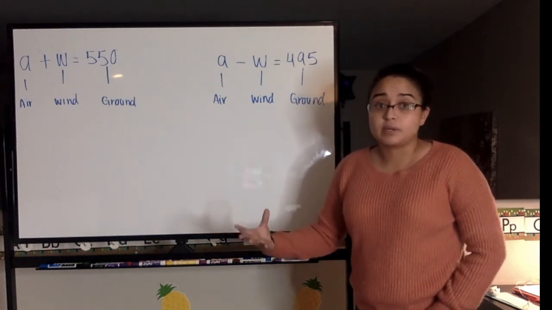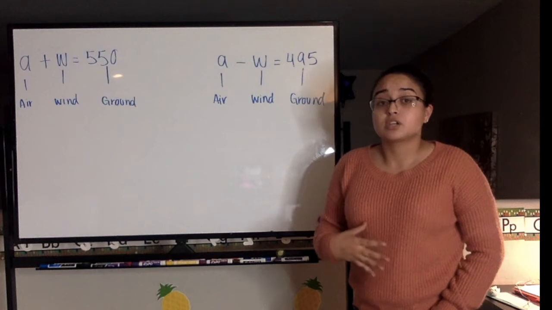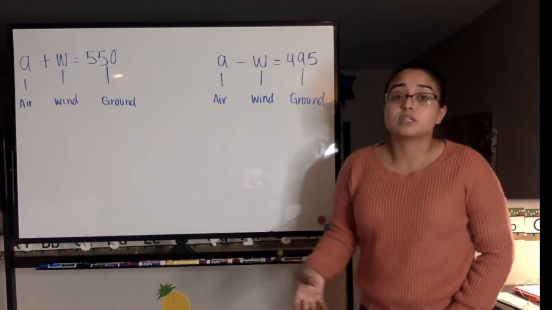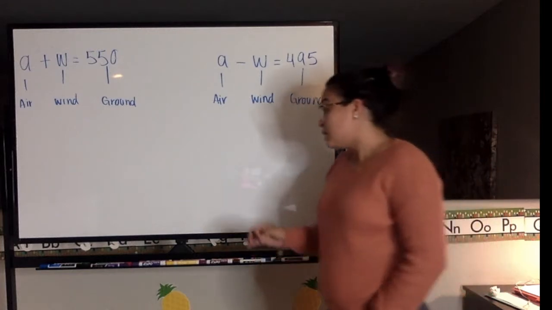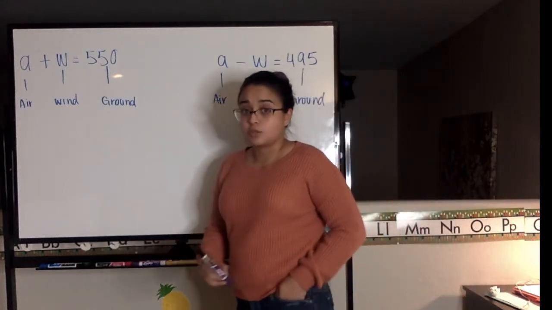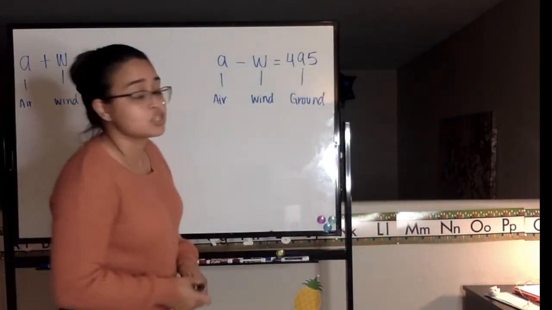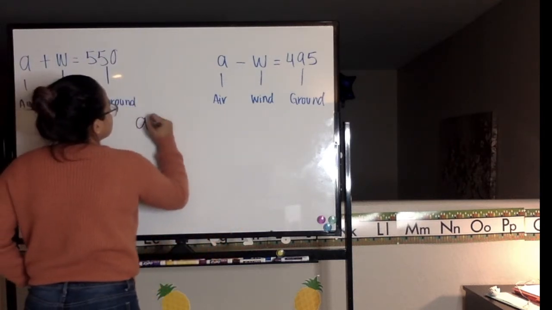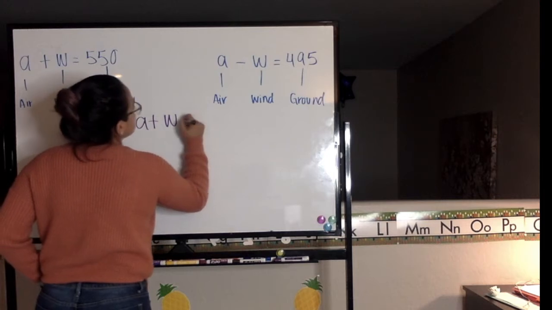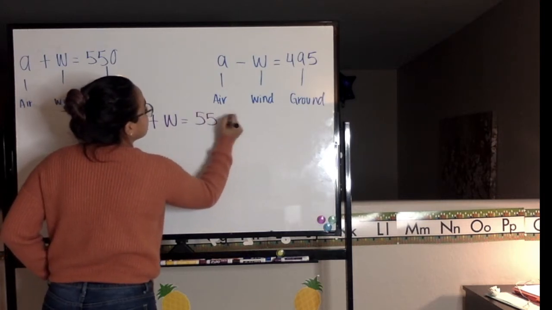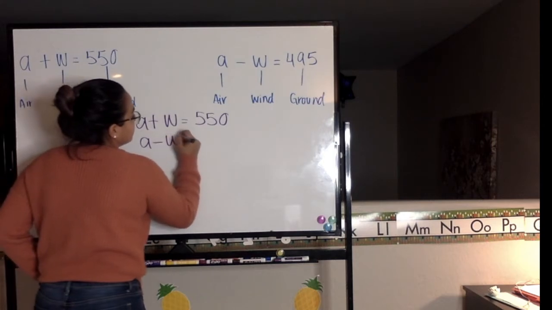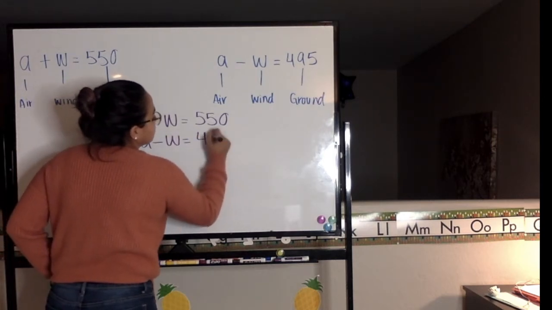Now, how are we going to go ahead and solve that? We're going to start off by choosing a method. The method I'm going to choose is elimination. If you do recall, we just went over what the process of elimination was, and it's going to look a little like this. We have A plus W is equal to 550, and we have A minus W equals 495.